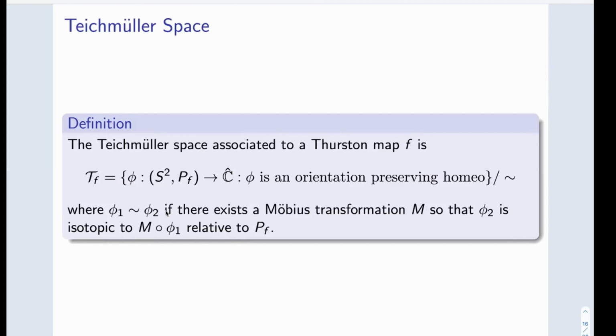We'll say that phi1 and phi2 belong to the same equivalence class if there's some Möbius transformation such that phi1 is isotopic to phi2 relative to our postcritical set.